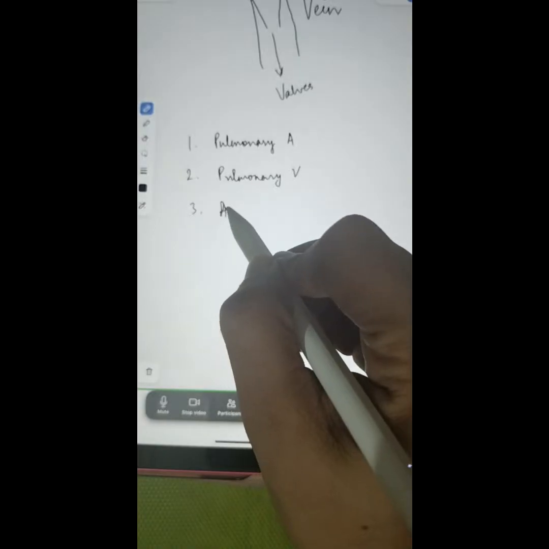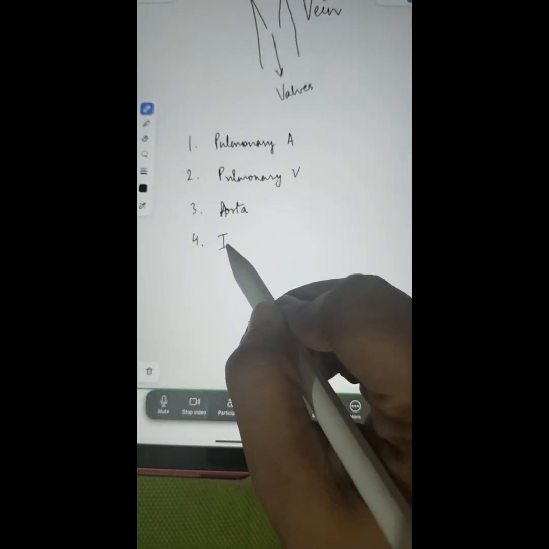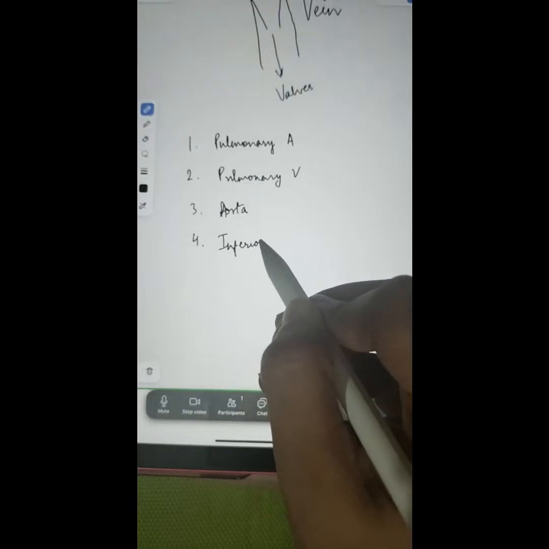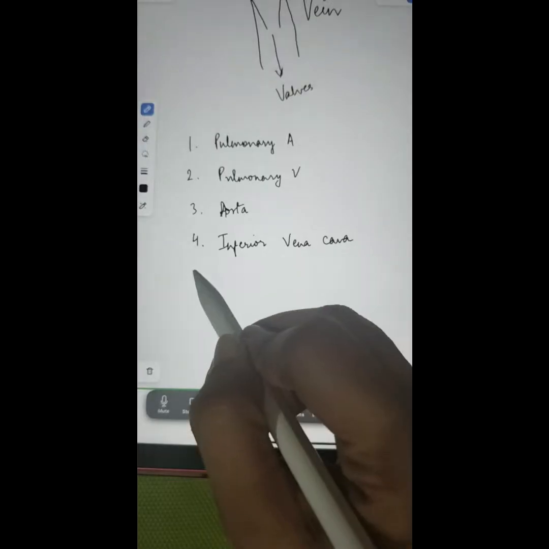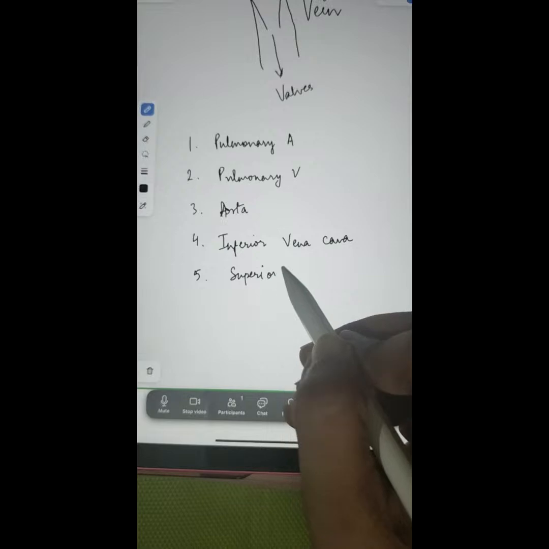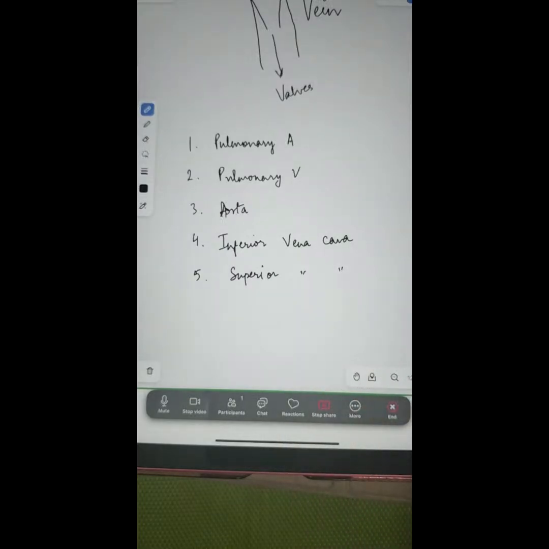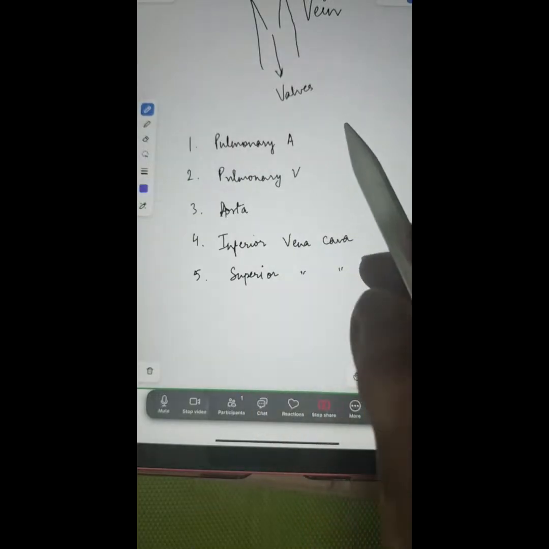Third is aorta. Fourth one, inferior vena cava, and superior vena cava. Before you study the human heart, all these blood vessels should be learned thoroughly.